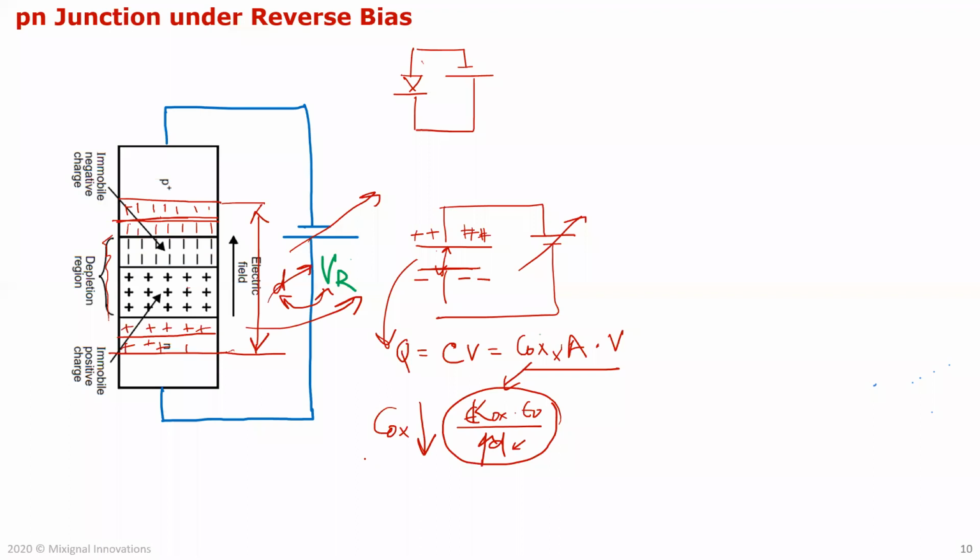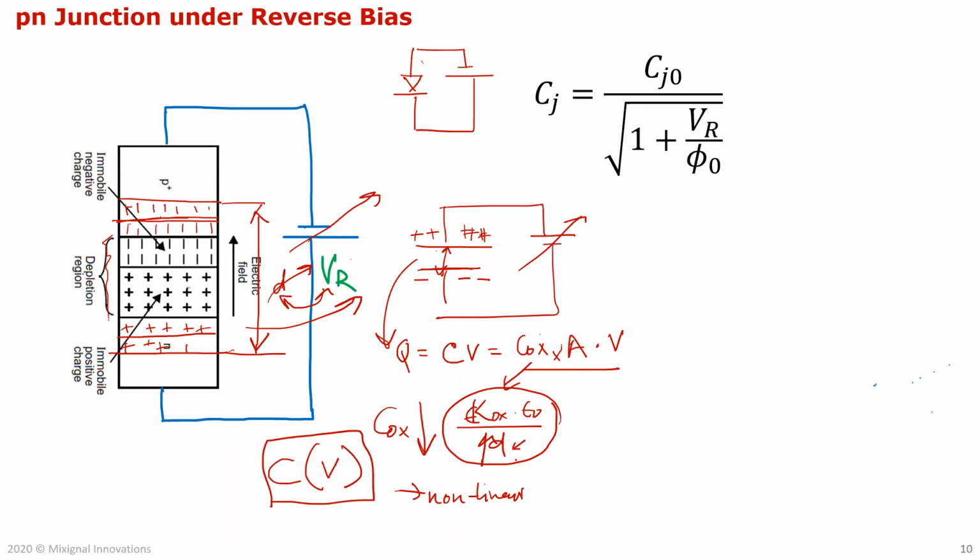So it's what's called a nonlinear capacitor because it's a voltage-dependent capacitor. C is not fixed, it's actually dependent on the voltage. I'll show you the equations directly. That's typically what your nonlinear capacitor looks like for a reverse bias diode.